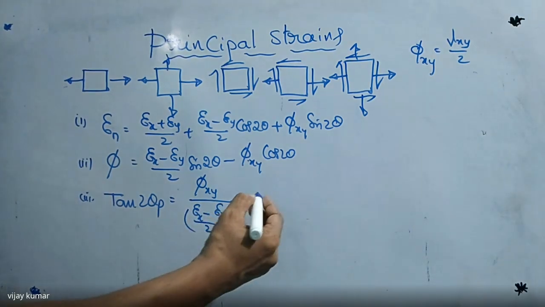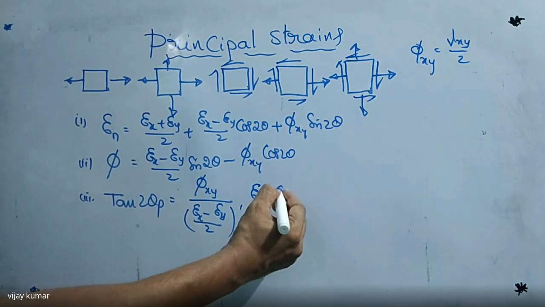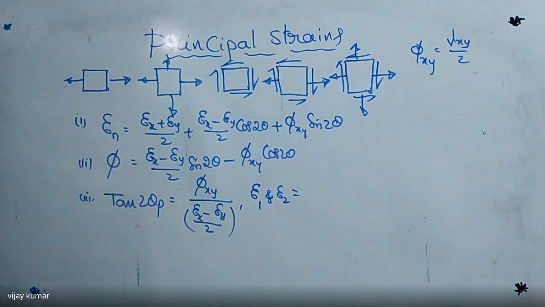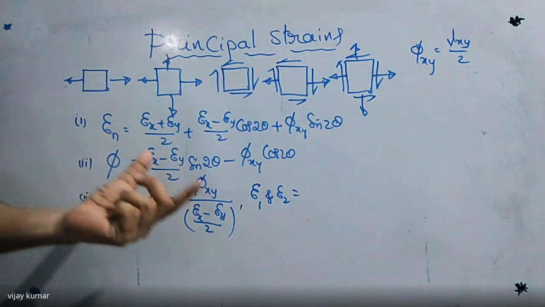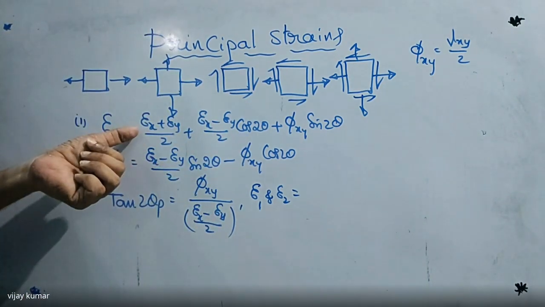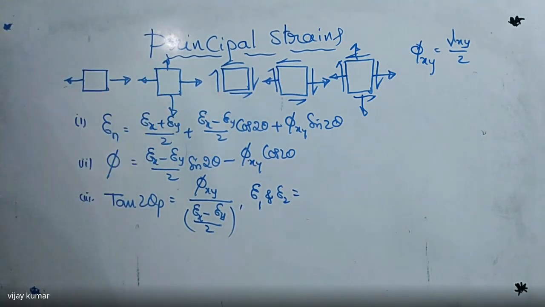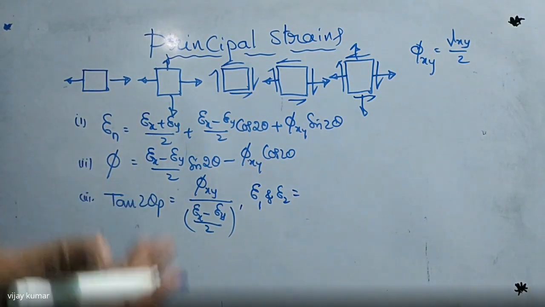And the next one is the principal strains, that is epsilon 1 and epsilon 2 is equal to, as same as before, the formulas are same, only in case of stresses we are going to replace them by strains, that is sigma x is replaced by epsilon x, sigma y is replaced by epsilon y, and tau xy is replaced by phi xy.